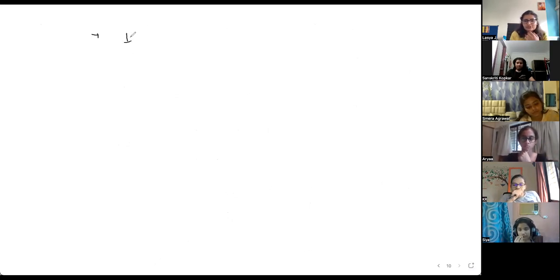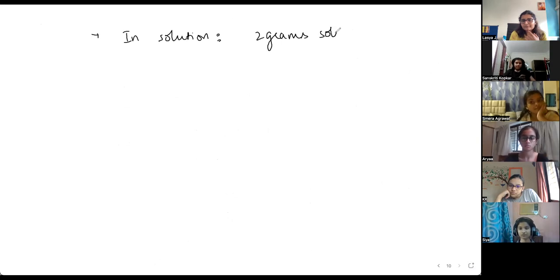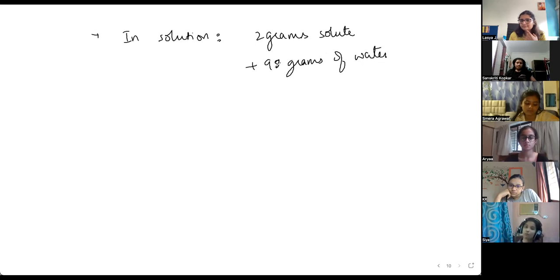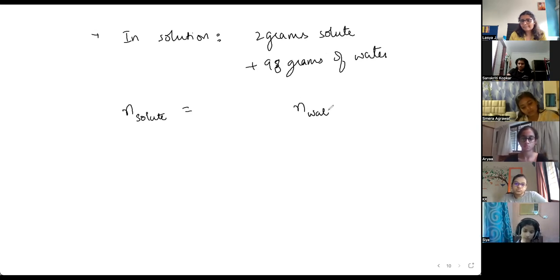So basically in solution, we have 2 grams of solute plus 98 grams of water. Okay. So using this information, can you find the number of moles of solute and number of moles of water?